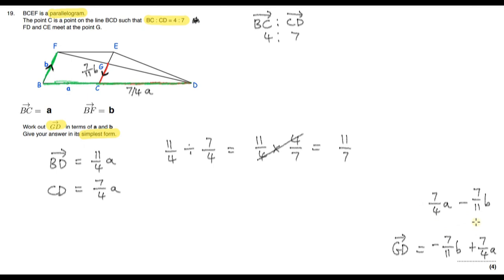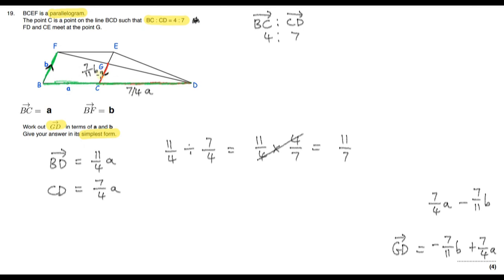So the key with this question, these are quite tricky. A lot of people find these vector questions tricky, is to recognize that we've got similar shapes or similar triangles, similar lengths, however you want to say it, and that one of them is just going to be a scalar multiple of the other. As long as we've got parallel lines, that's the key thing in here. We've been told that they're parallel lines.